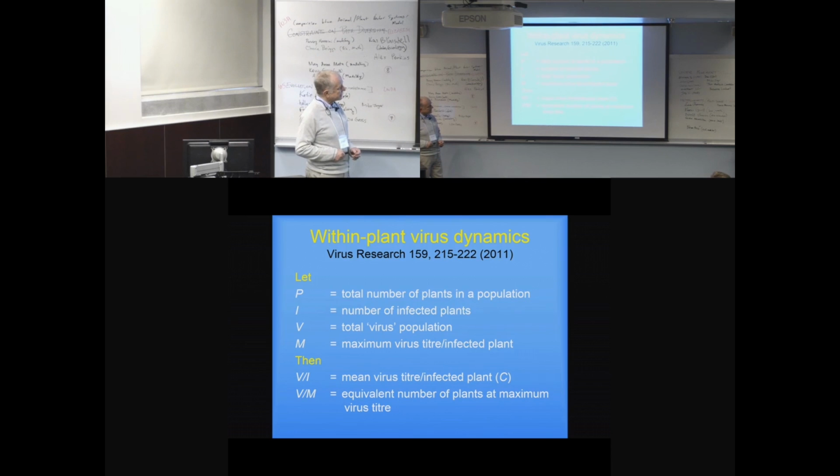What that gives us is the equivalent number of plants that would be at maximum virus titer. Obviously a value which is much less than just I, for example. And you can express both of those in relation to the original variables.